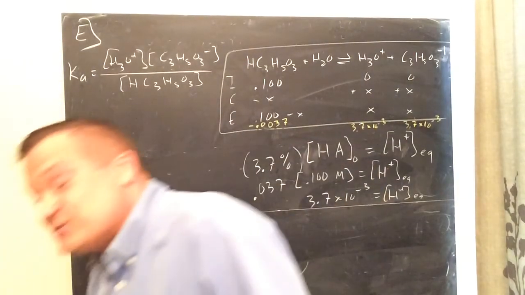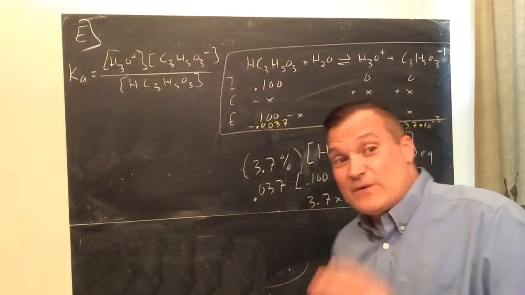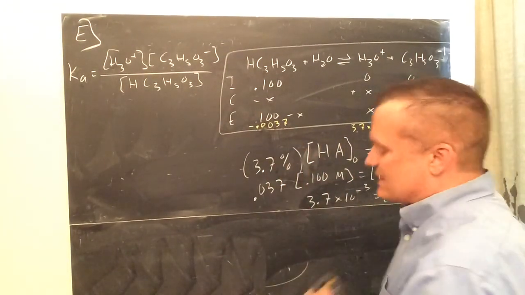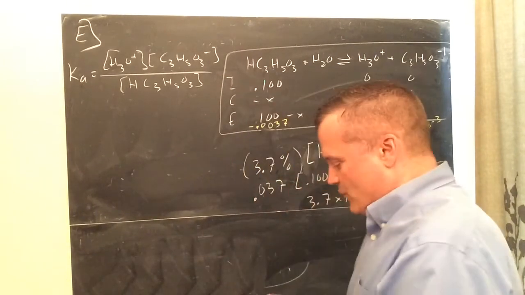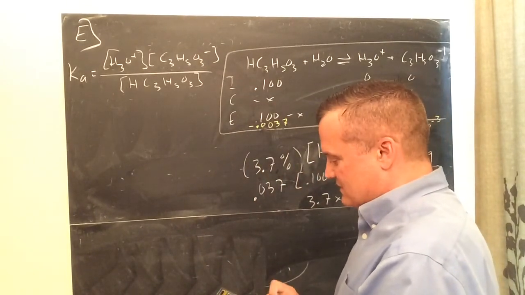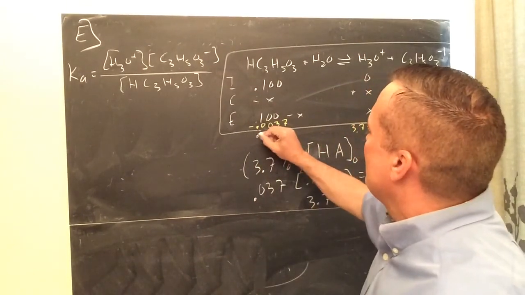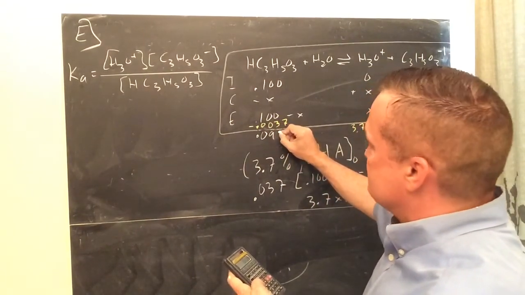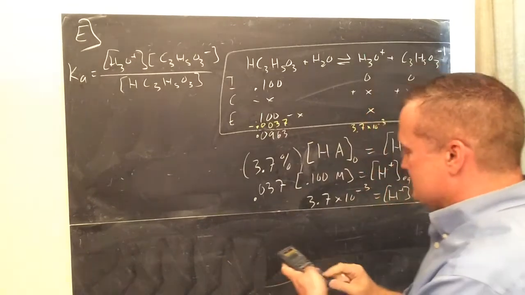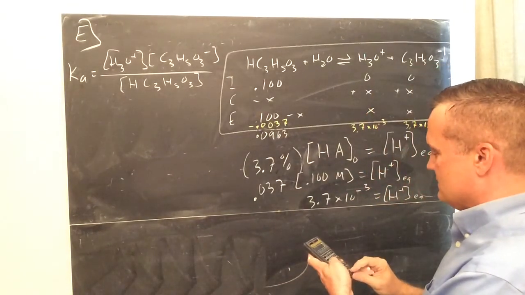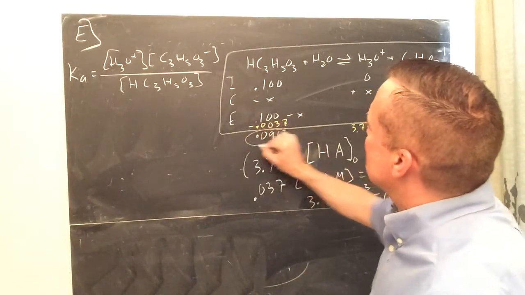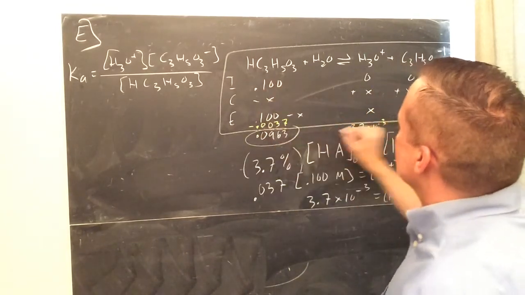Sometimes when you're doing a problem, especially a multiple choice problem, that makes it easier to see how you subtract it. So 0.1 minus 0.0037 is 0.0963. That makes sense. Okay. So at equilibrium, that's your lactic acid molarity.